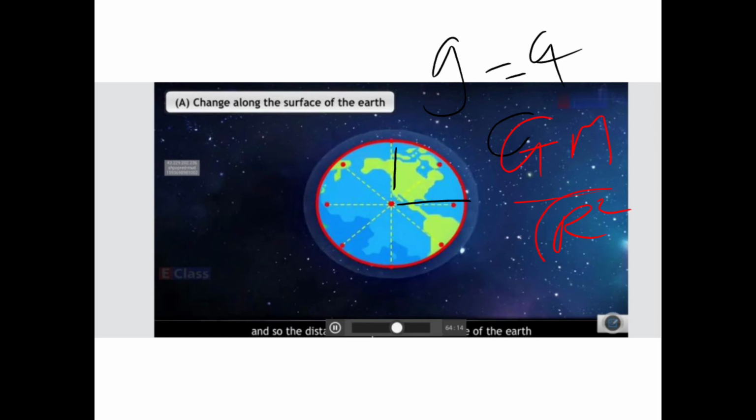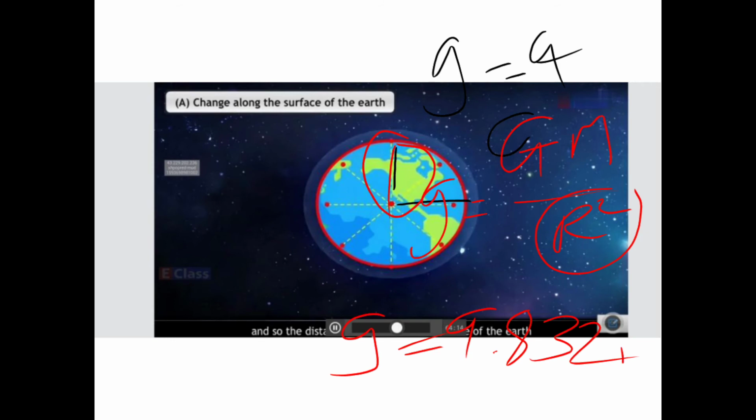So as r is less, the value of g will be more. So here this part is the smallest distance when the things are at the pole. So the value of g is greater. So when you will calculate it, actually practically it is found that the value of g at the pole is 9.832 meters per second square.